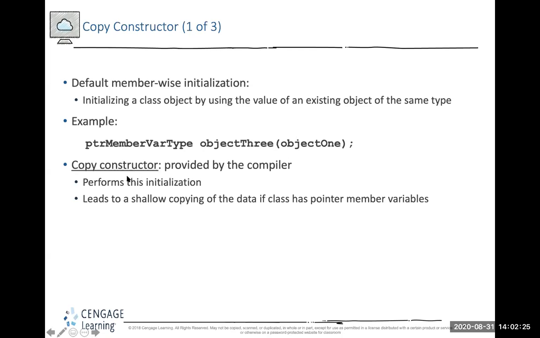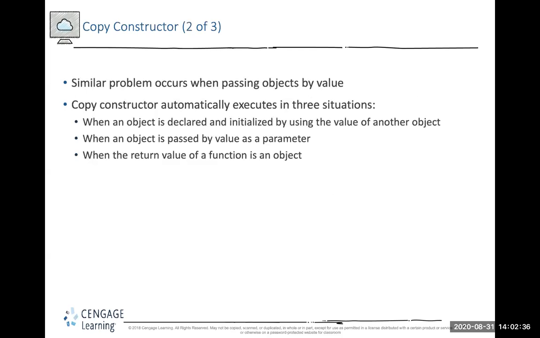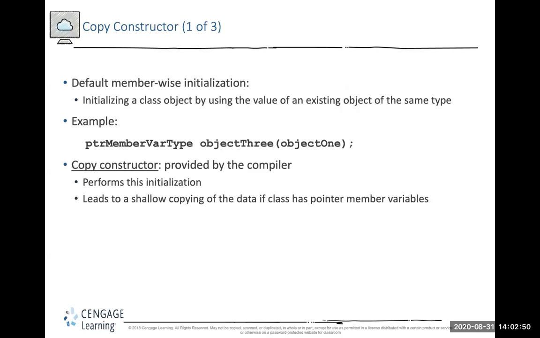So you customize it by creating your own copy constructor where you can do the deep copy of the content of the pointer. And when you pass objects by value to a function call, it's the same thing. By default, it's going to use a copy constructor. If you did not customize it, it's going to use the implicit one provided by the compiler, which is a shallow copy.